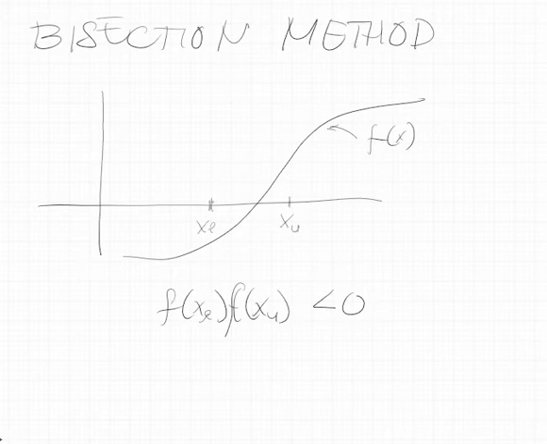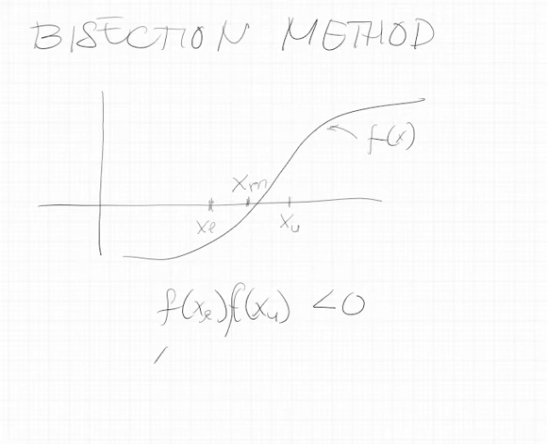Through bisection, we already know this from the incremental search method, but what's the difference with bisection? In bisection, we have initial guesses xl and xu. Then we take the average of the two, the middle point between xl and xu. We call it xr. Some books use xm to indicate that it's the middle point. We can just use xm.